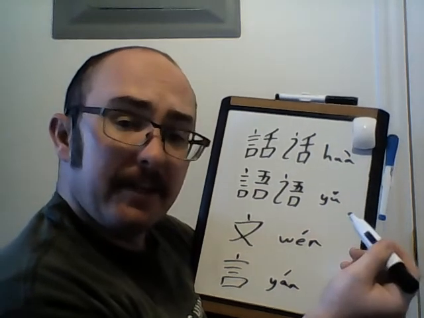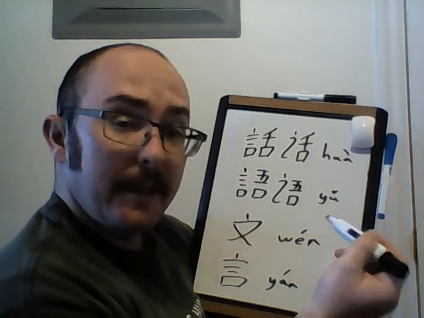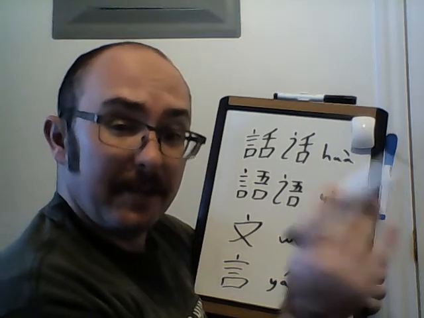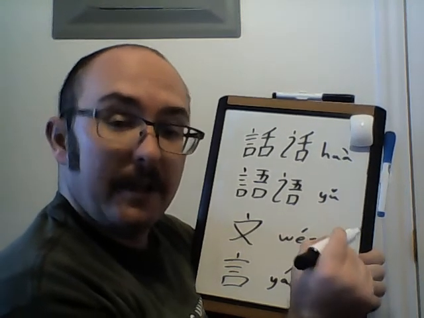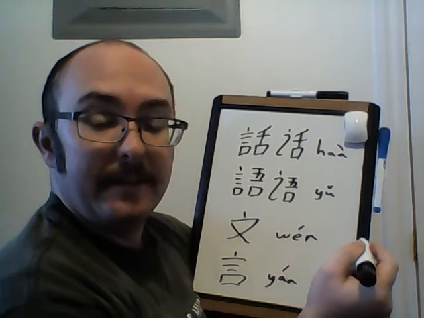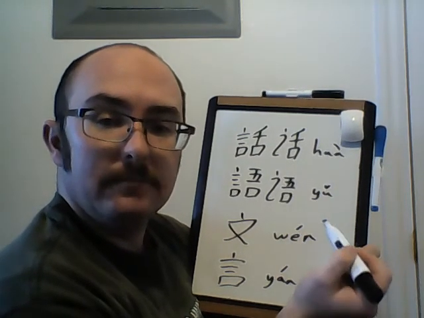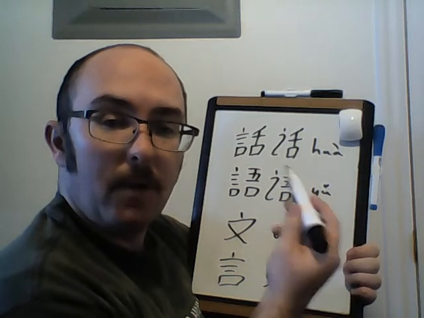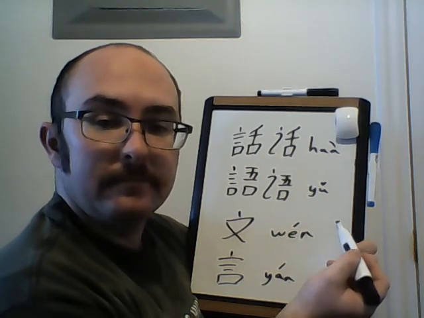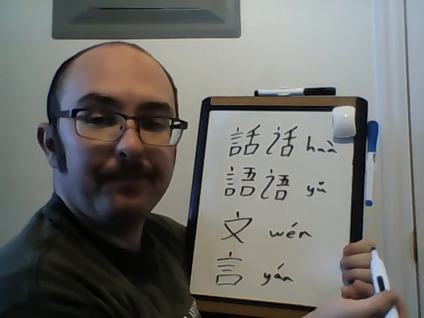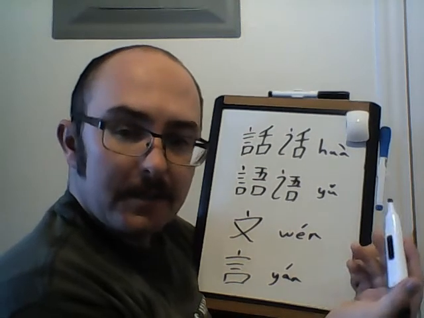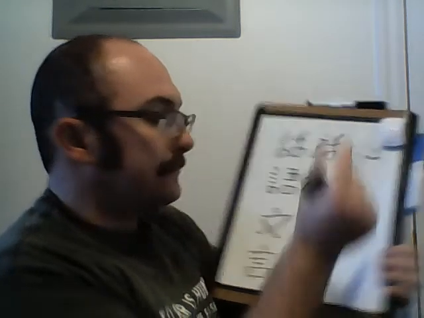Some you're not going to hear very often, and some people are going to say, oh no, it's not really a word. But you can mix some of them, like 语言, 语文, 话文, 话语. So there's that for you.